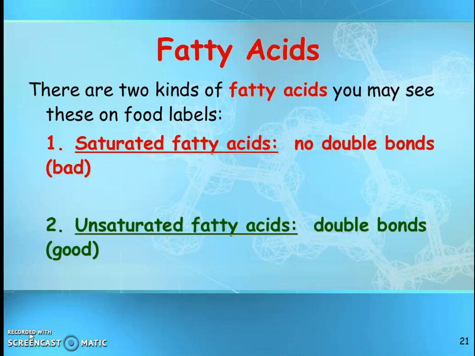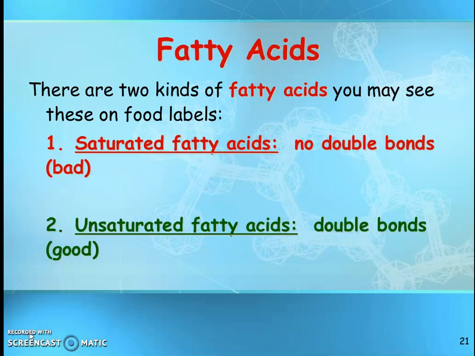However, several come from plant sources like coconut and palm kernel oils, and these saturated fats raise the level of both total blood cholesterol and low density lipoprotein, or the bad cholesterol. Unsaturated fatty acids come primarily from plant foods such as nuts and seeds and are liquid at room temperature.